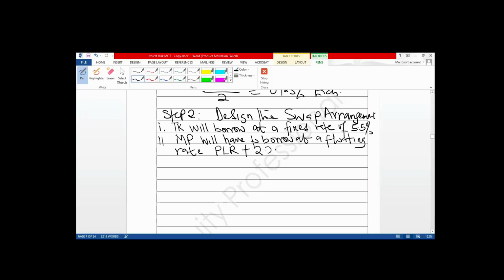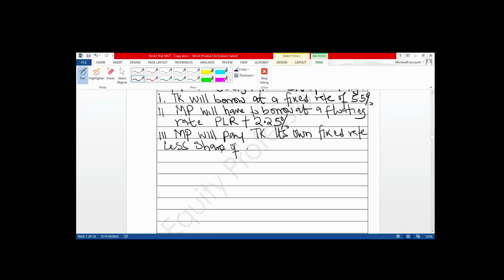Number 3. We pay TK its own fixed rate less share of arbitrage gain, less share of trade.